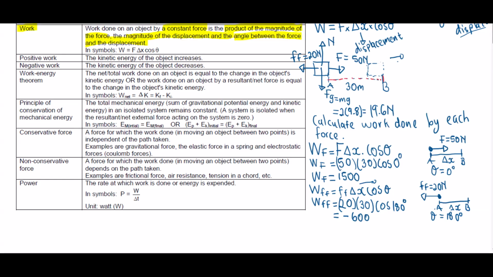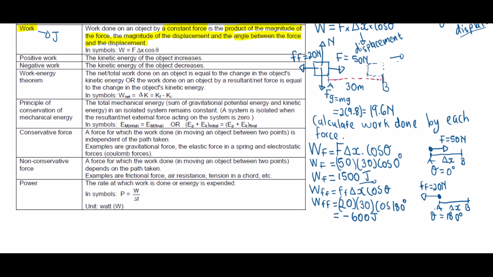Very sorry about that. Instead of newtons, we put joules. That is the correct SI unit for the work done. Work done is not like a force; the SI unit is joules. So we just write joules.